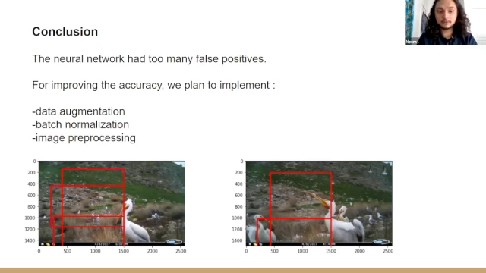So far we have not done any batch normalization, so we're giving 1 image per batch. It turns out if you give multiple images in a batch, it works out a little bit better when training. So we're going to try that, and we're going to try a little bit of image pre-processing. Maybe we're going to scale down the images a little bit and try that as well.